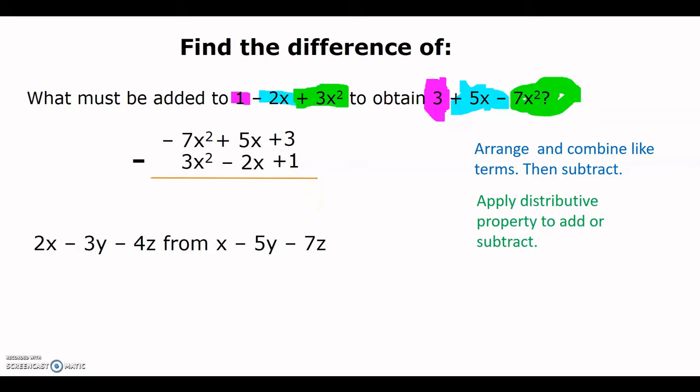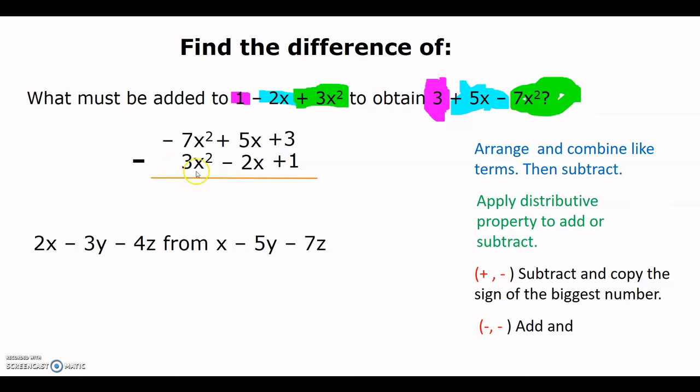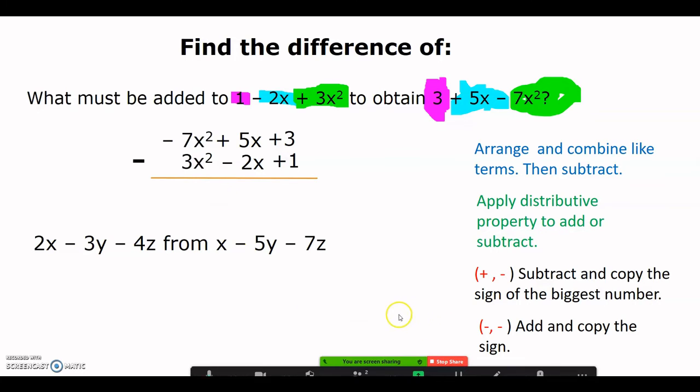Don't forget to apply the distributive property to add or subtract. Here, since our 3x squared is positive, we will multiply it by the subtraction or negative sign. Positive times negative will be negative. Remember, for negative and positive, subtract and copy the sign of the biggest number.